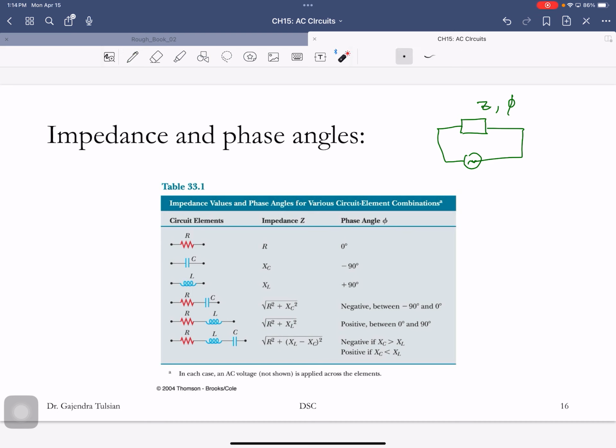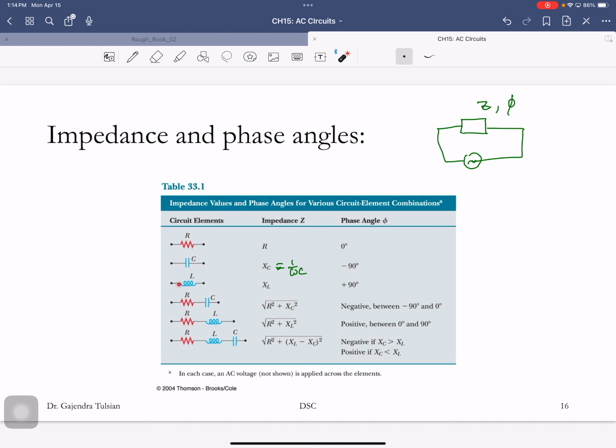For a pure resistor, Z is equal to R, there is the impedance, and phi is 0. When this is a pure capacitor, Z is equal to XC. What is XC? XC is equal to 1 over omega C. And phi is minus pi by 2.